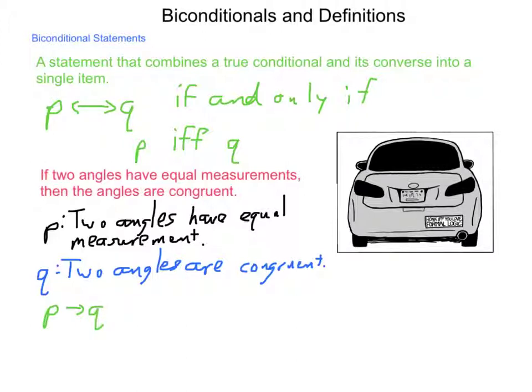But also, if two angles are congruent, then the two angles have equal measurement. So both the statement and its converse are true. This means we could say two angles have equal measurement if and only if the angles are congruent.